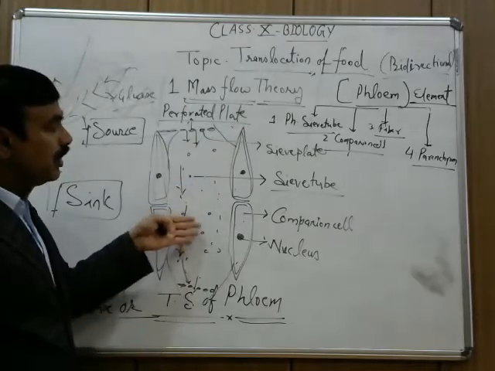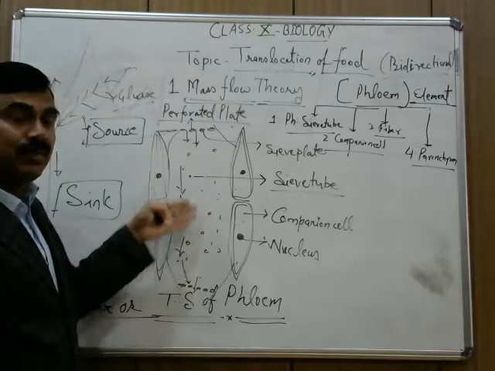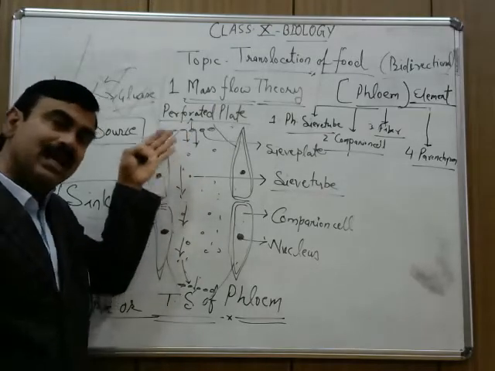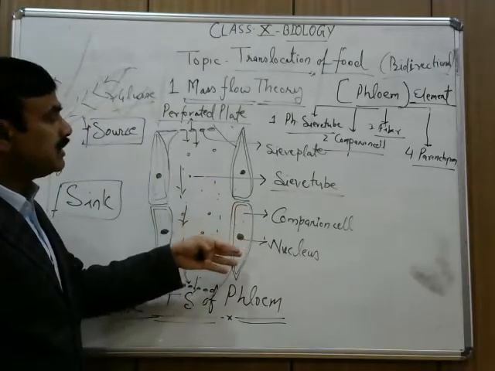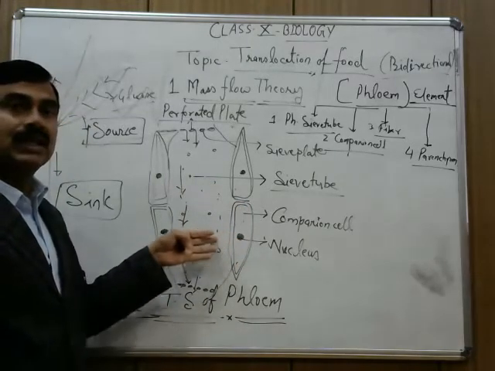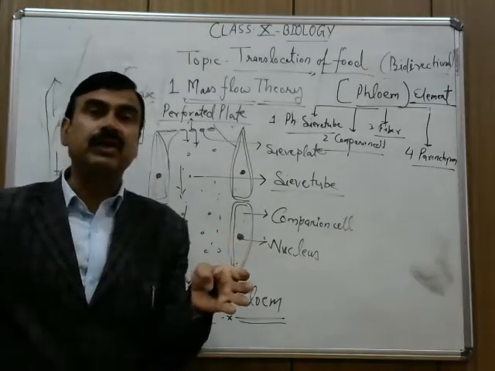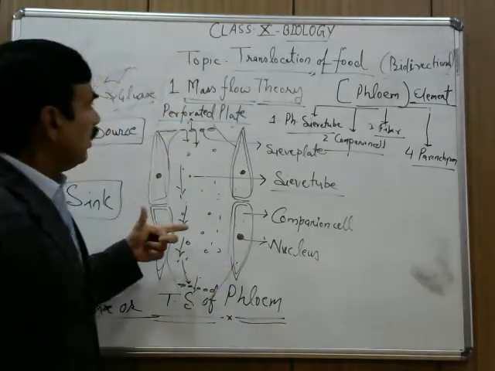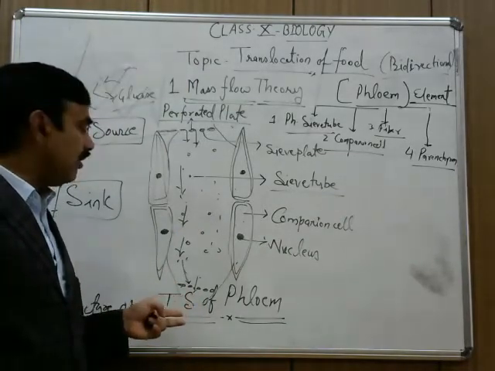There is no nucleus in the sieve tube, which definitely helps the translocation of food. On the other hand, the companion cell, which has a nucleus, also helps in the translocation of food.